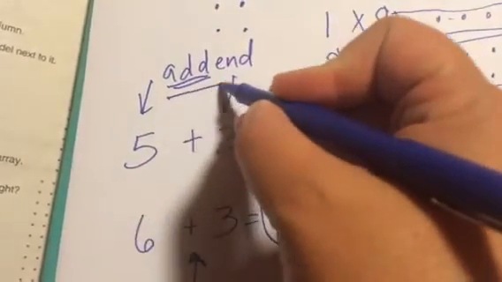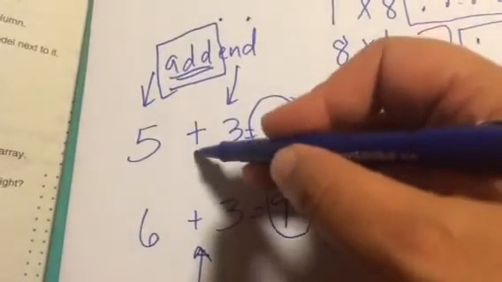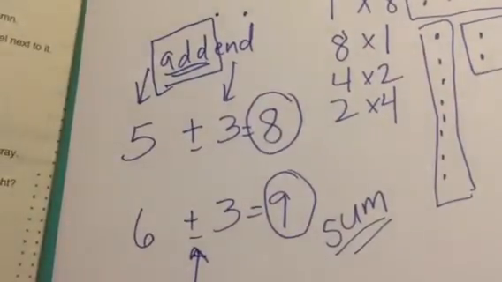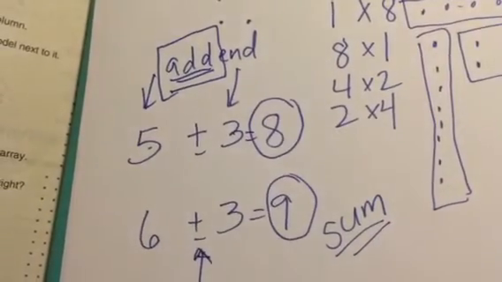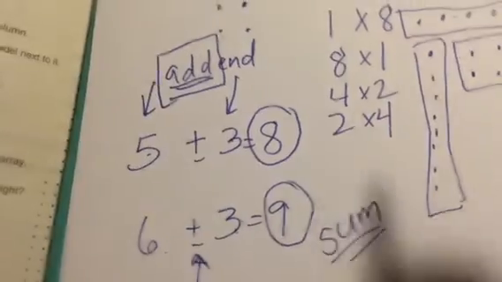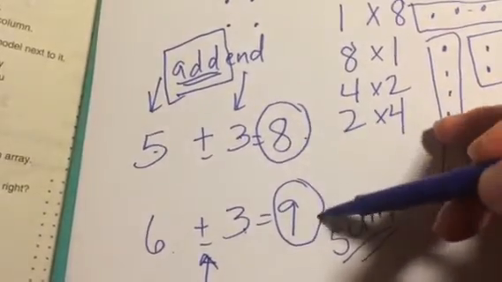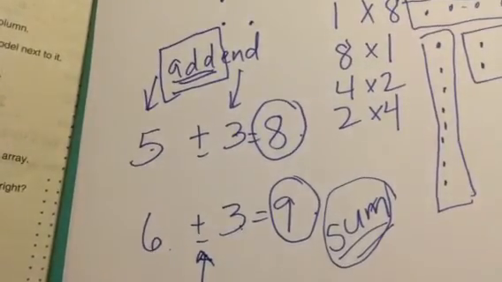Remember that the word add is right in there, so it has to do with adding numbers together. So the 5 and the 3 here are addends, the 6 and the 3 here are both addends, and the answers 8 and 9 are both examples of sum.